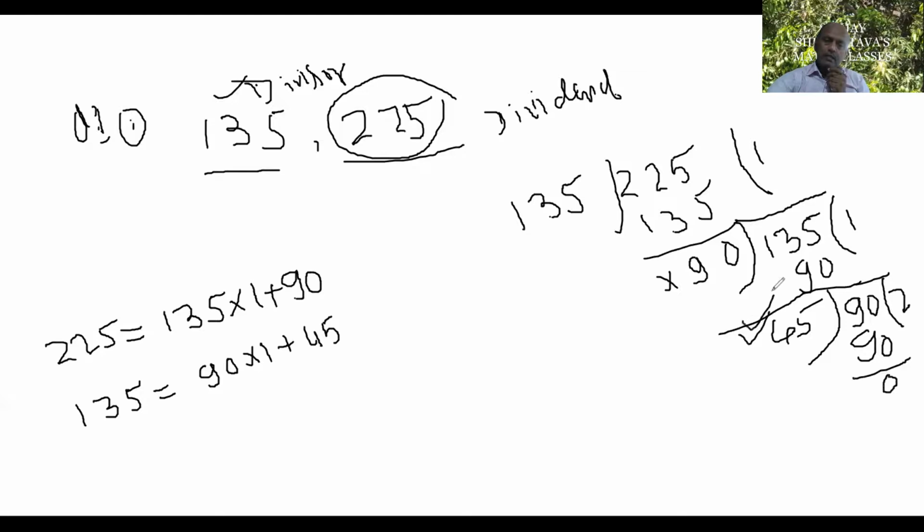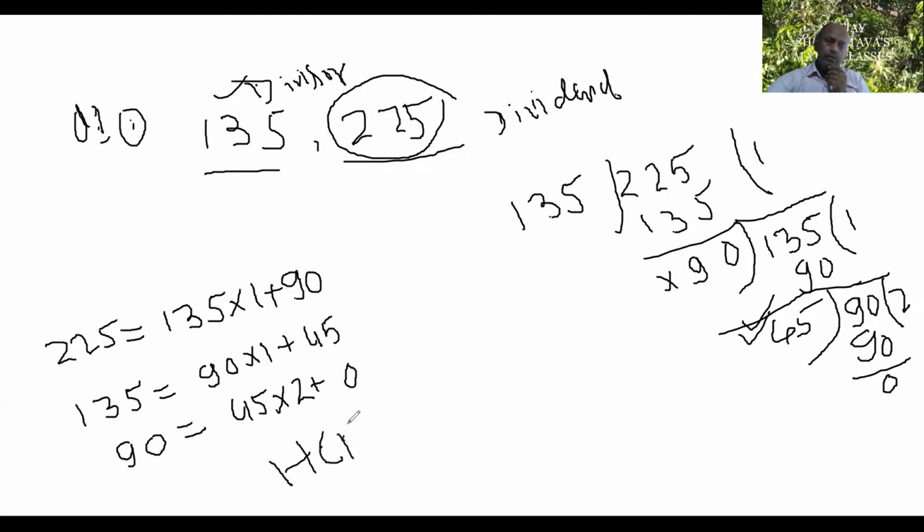The last divisor is called the HCF. So you can write here 90 is equal to, as division lemma, 45 into 2 plus 0. So the HCF of both numbers is equal to 45, that is the last divisor.